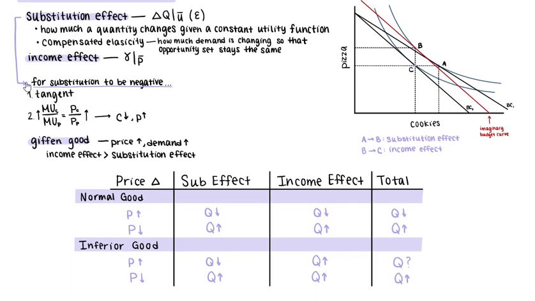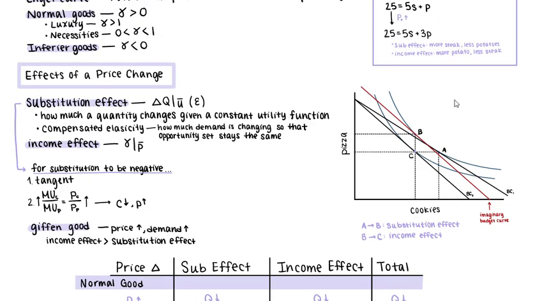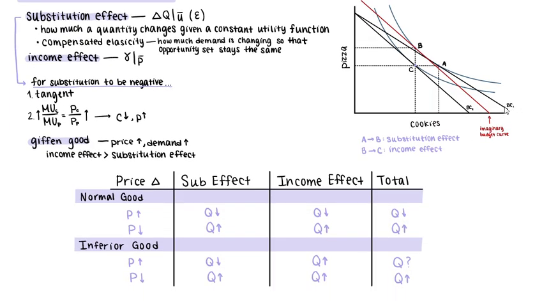Okay, so how do we measure these two kinds of effects? Now we have BC1 and BC2, two different budget constraints, because to measure these two effects we need two different budget constraints. The original budget constraint is BC1, and it's tangent to an indifference curve.